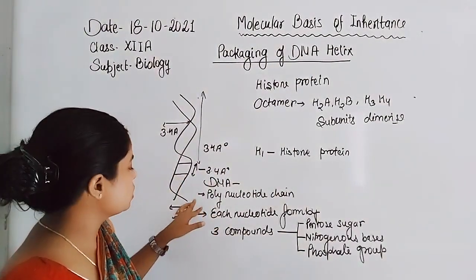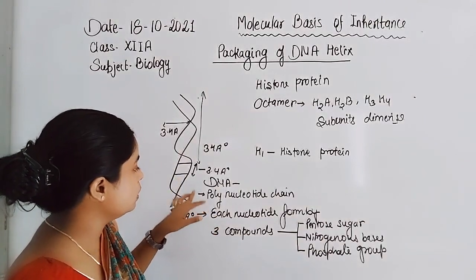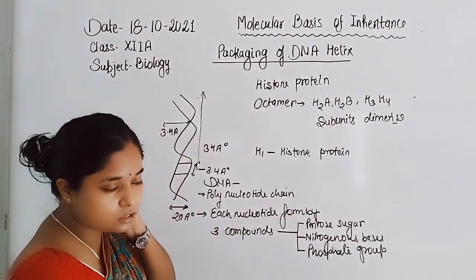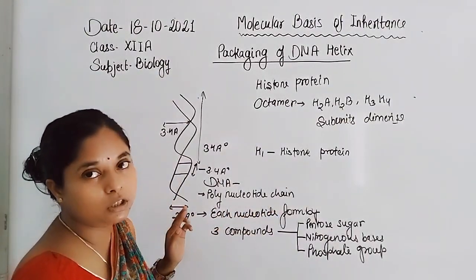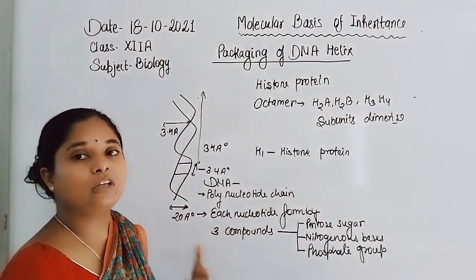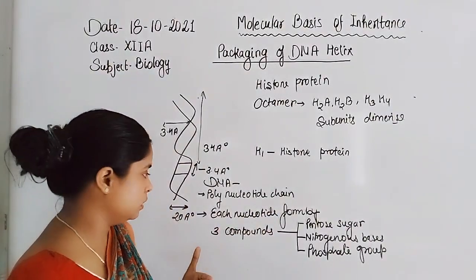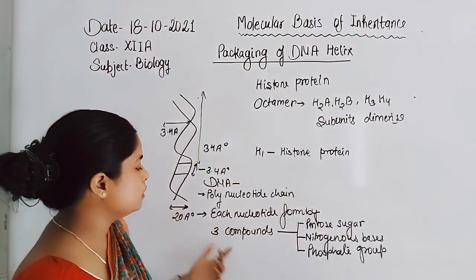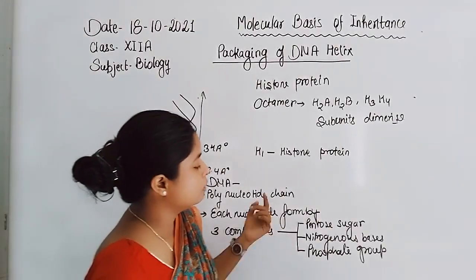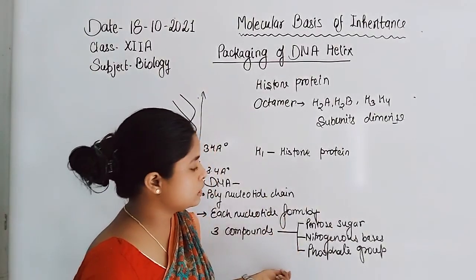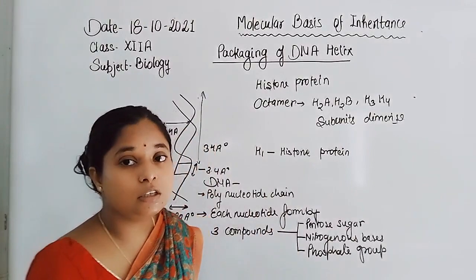If we discuss the structure of DNA, it consists of 2 polynucleotide chains. Both are antiparallel to each other, and each nucleotide is formed by 3 compounds: pentose sugar, nitrogenous bases, and phosphate group.